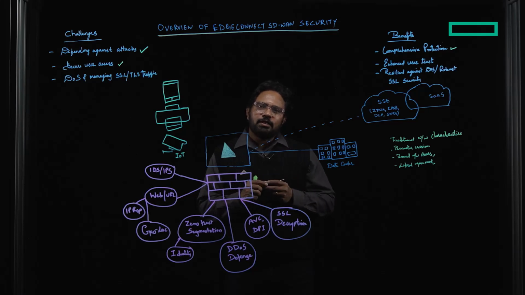EdgeConnect can also obtain identity information by snooping RADIUS accept packets, and then it can use this information in a similar identity profile. EdgeConnect again uses the same identity profile to build its policies. EdgeConnect also does proxy ARP.